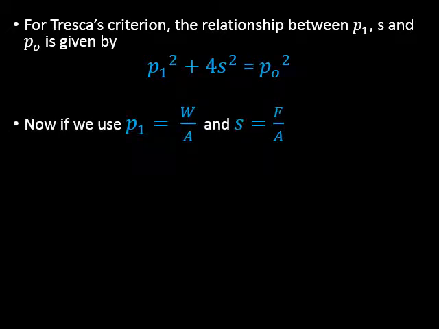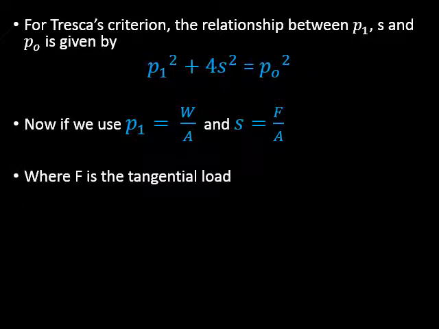We know that P1 is because of the normal load, so that is nothing but the normal stress, W by A, and S is the shear stress, given by the applied tangential force over the area, F by A. If we substitute these values of P1 equal to W over A and S equal to F over A in the above equation, Tresca's criterion, we get the expression W square plus 4F square is equal to A square into P naught square.